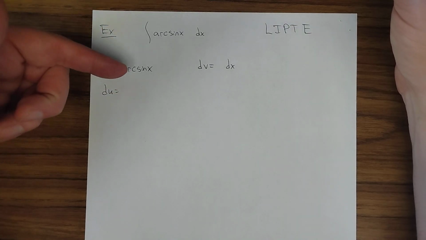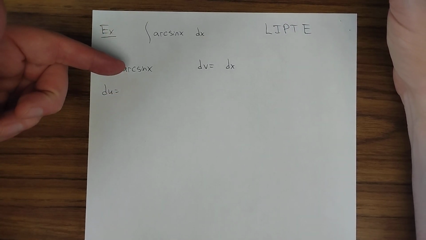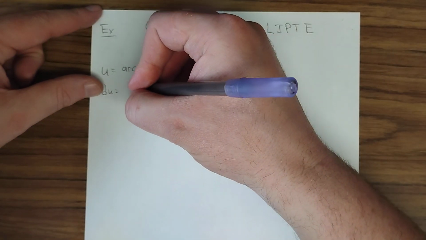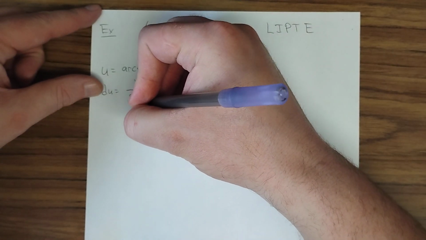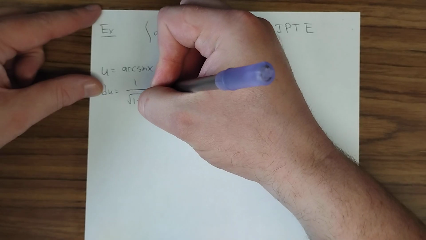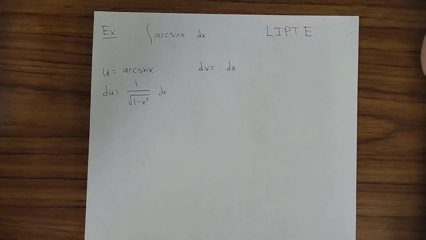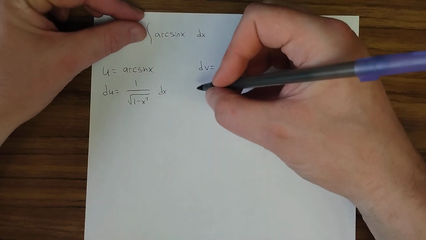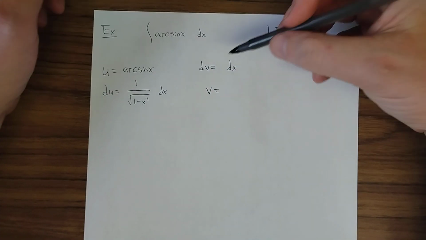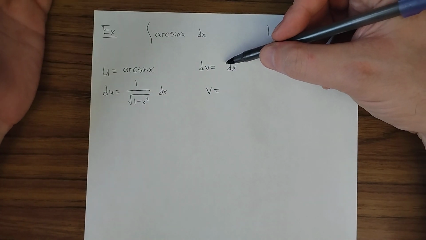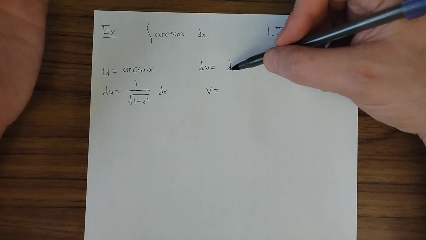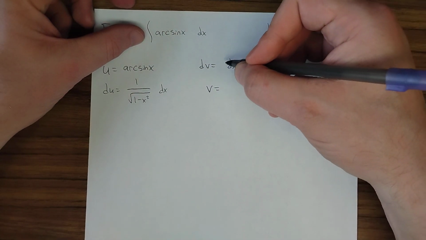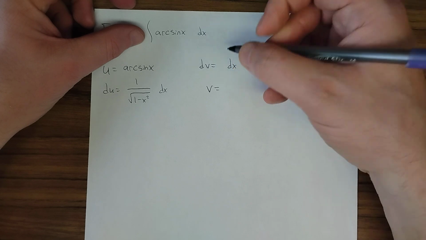Derivative of arcsine, we have to remember. This is on the list of derivatives to remember. I will tell you what it is. The derivative of arcsine is 1 over the square root of 1 minus x squared. Okay. To find v, I'm doing an antiderivative of this. The antiderivative of dx is just, I mean, again, I can imagine that there's a 1 here.